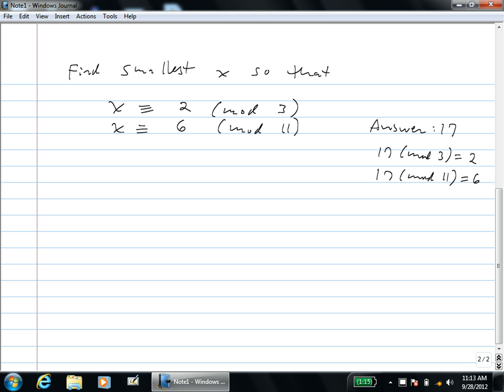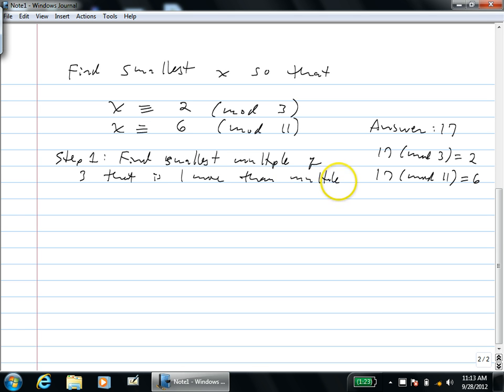First of all, step 1 is going to be what you just did in the do now. Find, in this case, the smallest multiple of 3 that is one more than a multiple of 11.